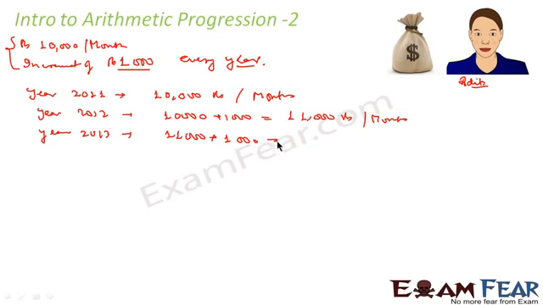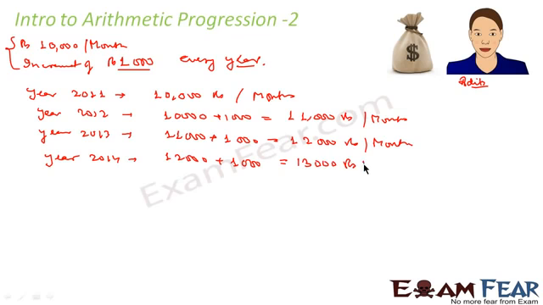That becomes 12,000 rupees per month. Similarly in year 2014, her salary will be previous salary plus 1,000, that will become 13,000 rupees per month.